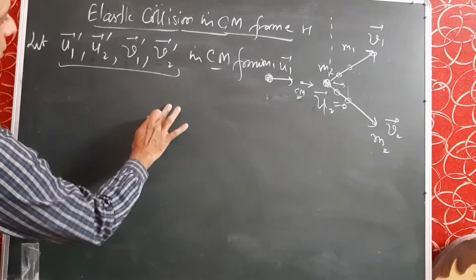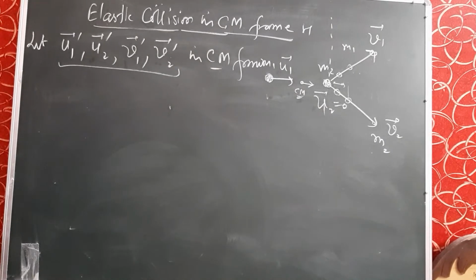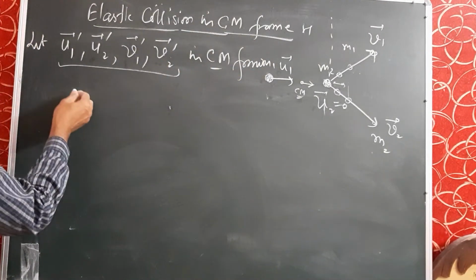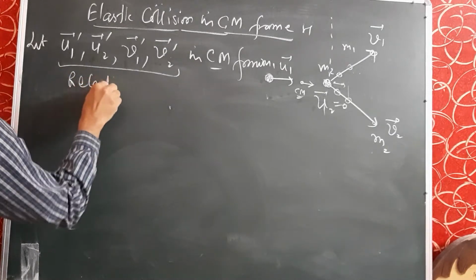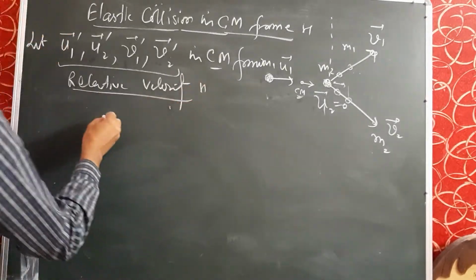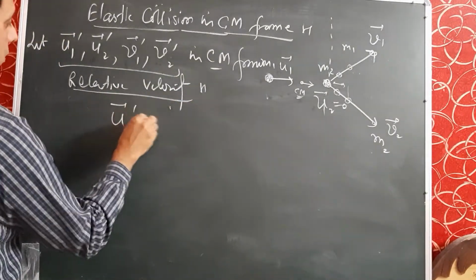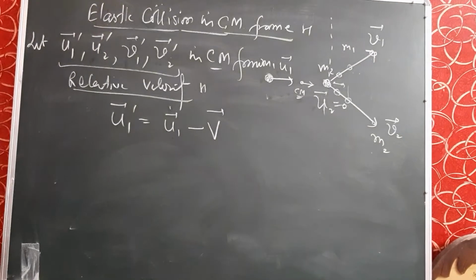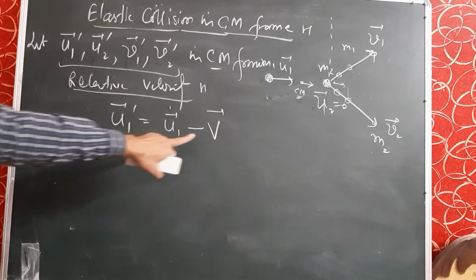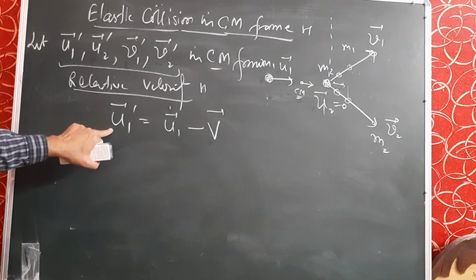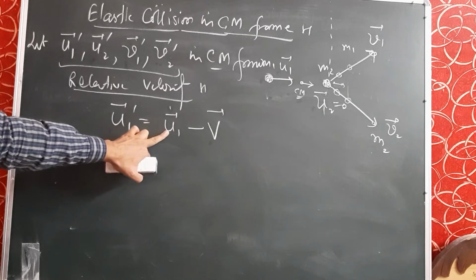Now, what is the relation between the velocity of the first particle in the center of mass frame and the velocity of the first particle in the lab frame? We will use the concept of relative velocity. The velocity of the particle in the dash frame is equal to u1 minus v, because the center of mass is moving with velocity v, u1 dash is the velocity of the first particle in the center of mass frame, and u1 is the velocity of the particle in the lab frame.